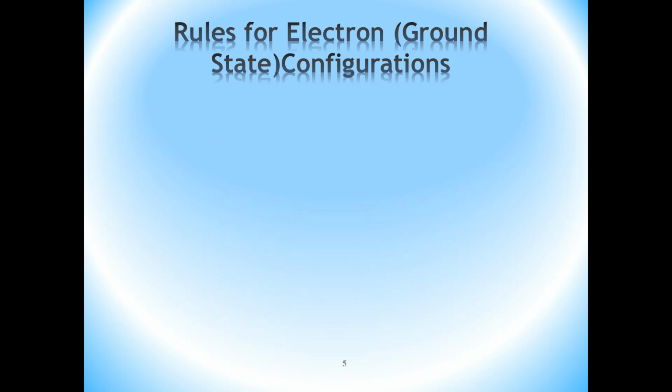Okay, so let's get into the rules for determining the electron configuration. The rules that I'm about to describe are specifically for atoms in the ground state configuration. If you remember, we said in chapter 7, the ground state configuration is a configuration that has the lowest energy state and therefore is the most stable configuration.